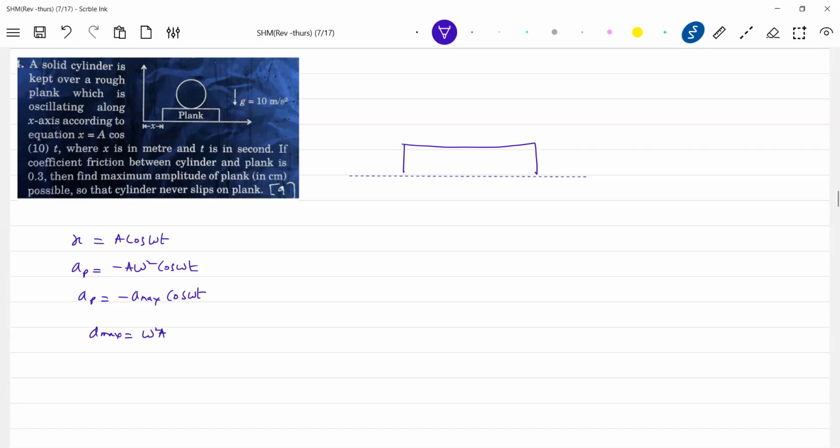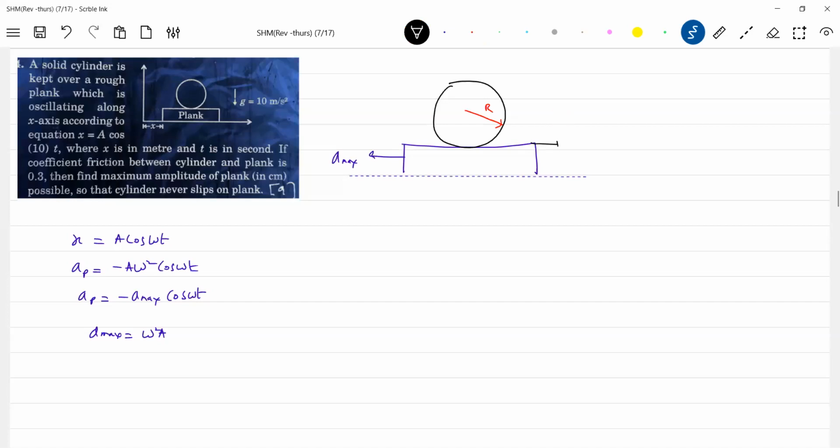He is asking what is the maximum amplitude. So I'll put that maximum amplitude here. Then here we have, let it be radius.